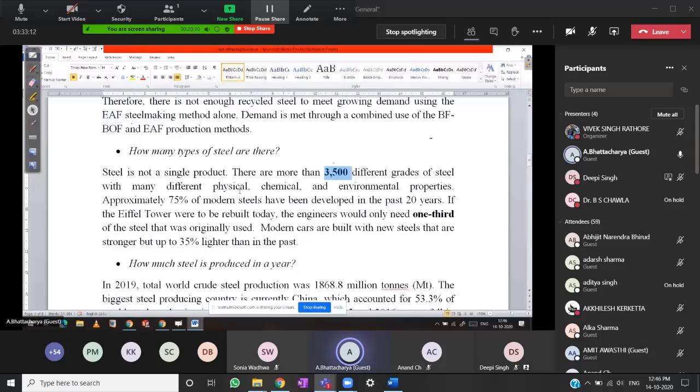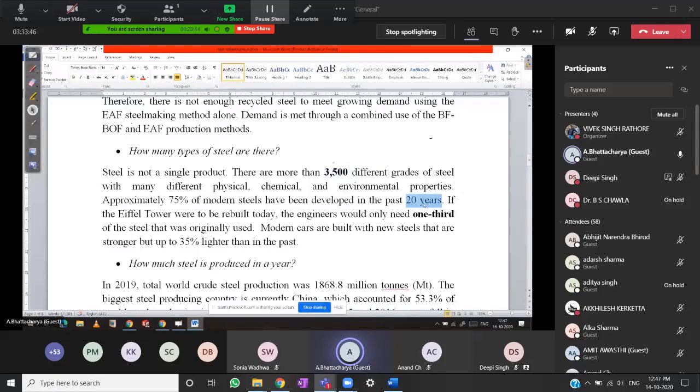So there are a number of grades. Now, one of the most important factors is the mechanical strength of the steel. Approximately 3/4 of the modern steel grades have been developed in the past 20 years. So you can imagine how fast the growth is happening. So definitely different grades of steel are being developed.